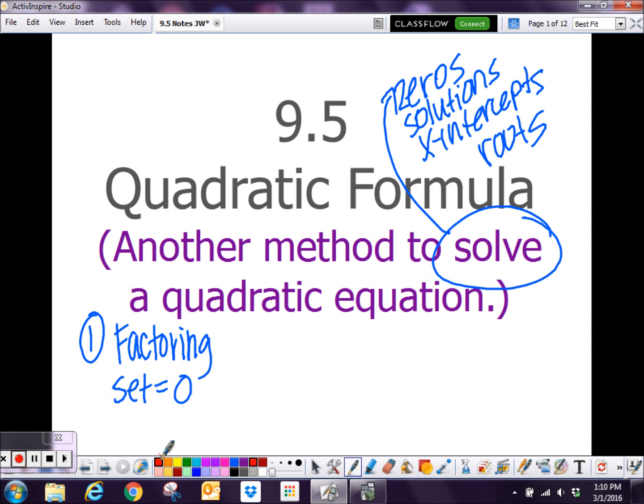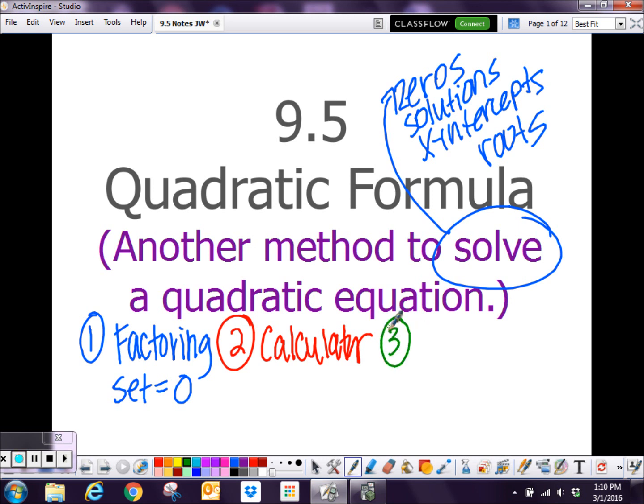The second way we used to find solutions was the calculator. Remember you typed the equation in, and then you got the left bound and the right bound of the zeros. You may have had 1, you may have had 2 zeros, you may have no zeros. But that was the second way.